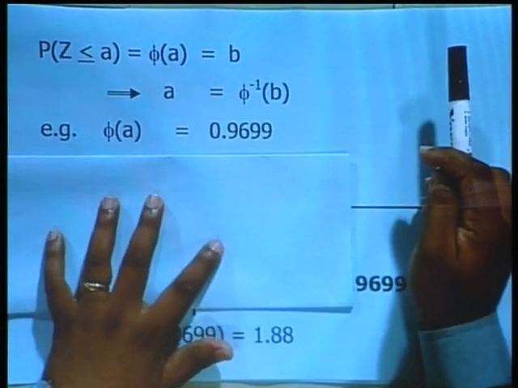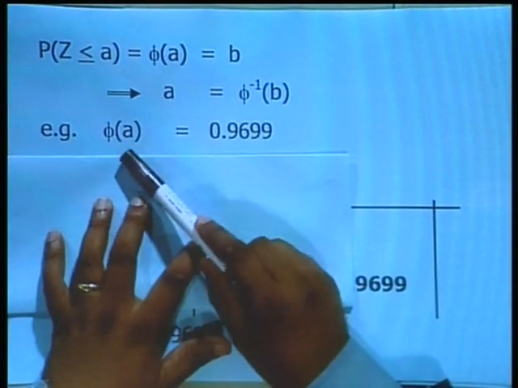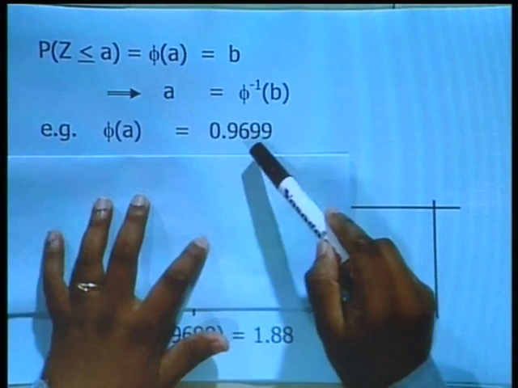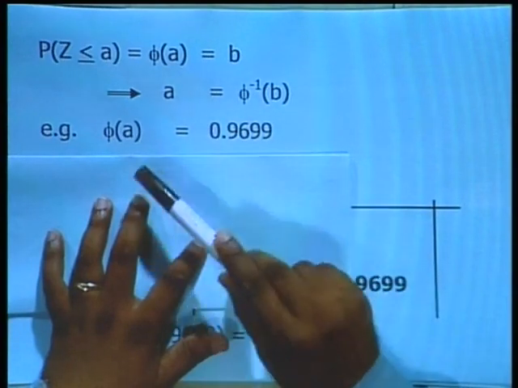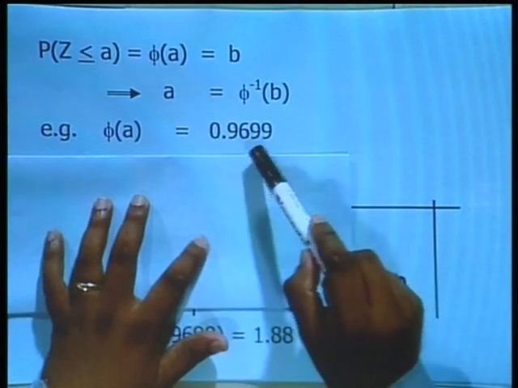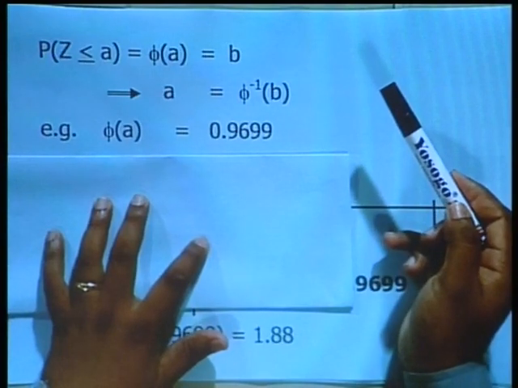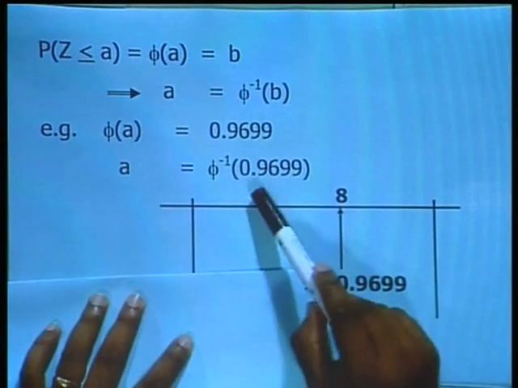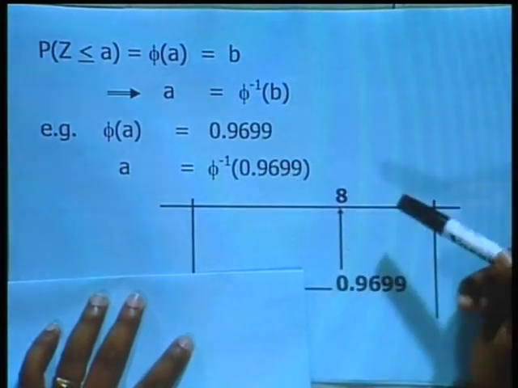Let's take an example. Suppose that you are told phi of a is 0.9699. Find the value of a. So a would be phi inverse of 0.9699.